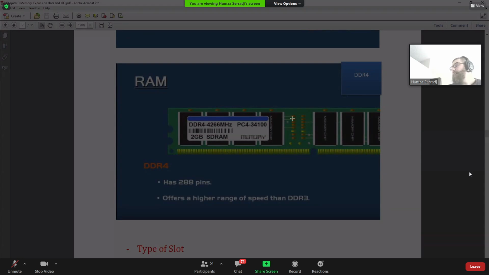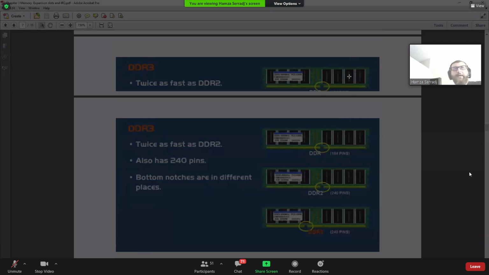So it's doubling the speed, if you want, right? The bandwidth. This is the real term of it. So it's not the data rate, because we already doubled the data rate on SDRAM, right?